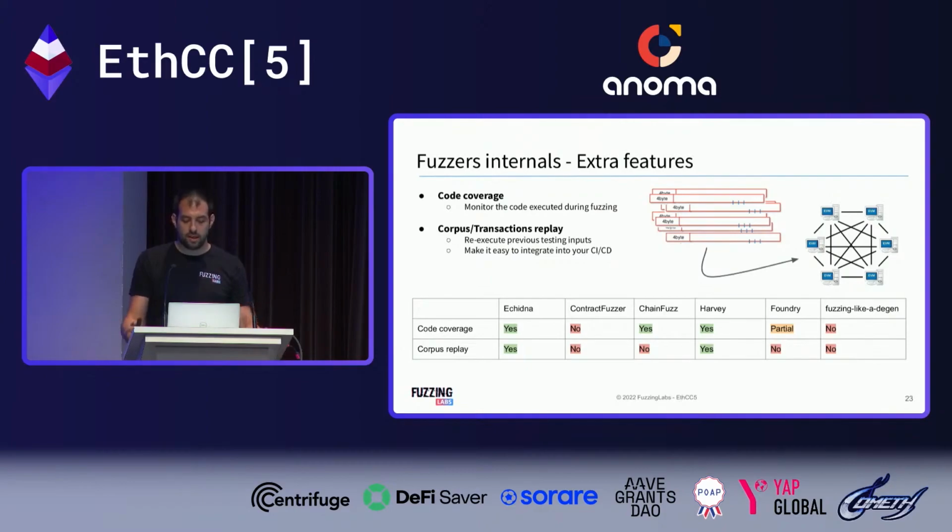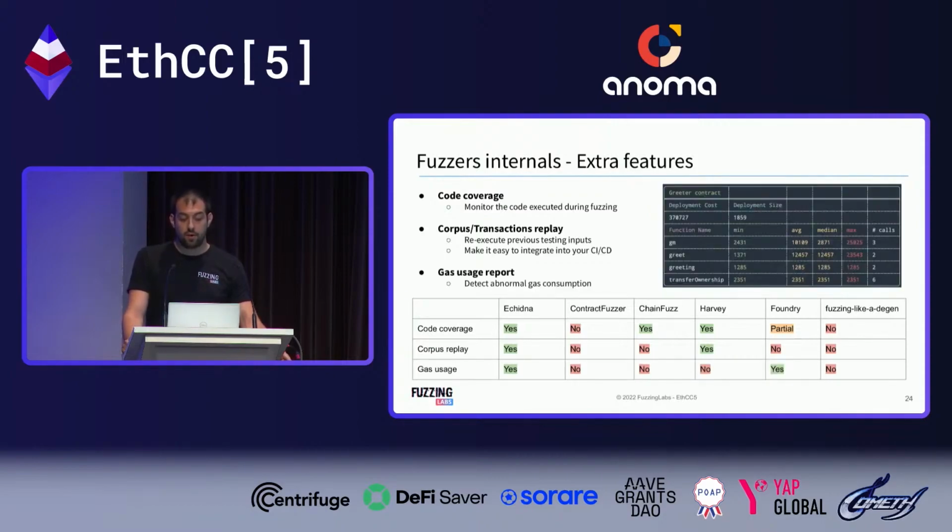So that's some extra stuff to help us be faster and go deeper into the program. Again, I will let you check which one is doing what. For Foundry, they are not doing that for the moment, but I think it's a matter of time. At least it's not that complicated to implement.